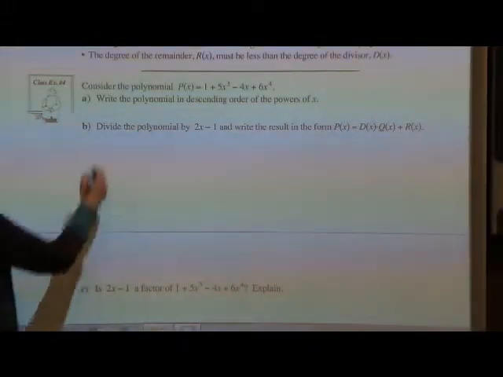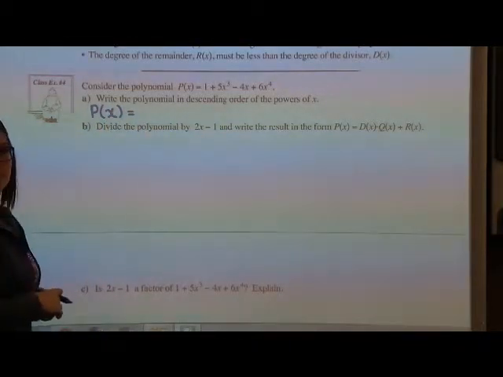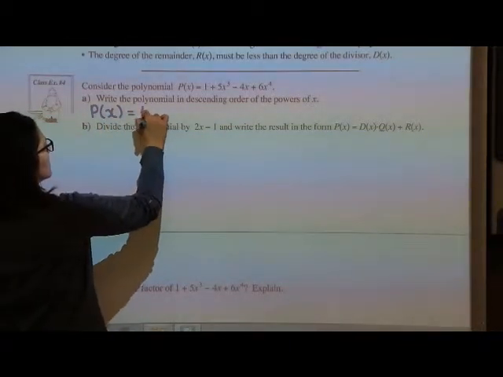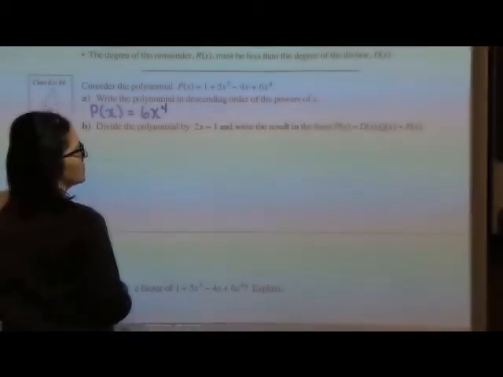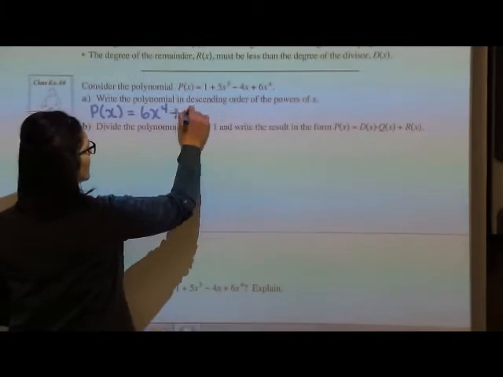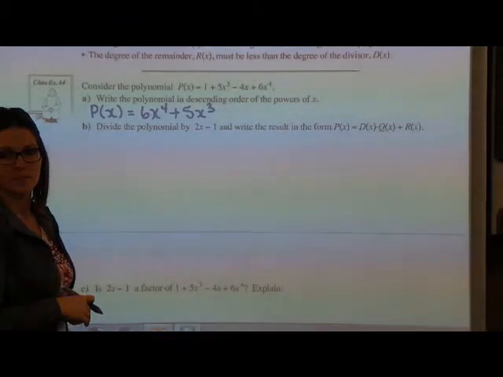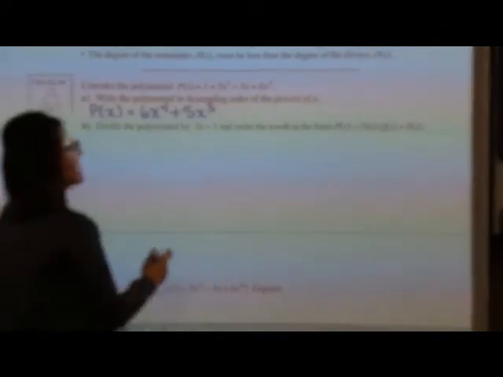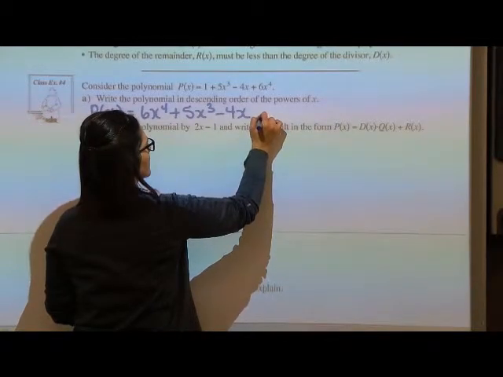So in descending order, what would be my first term? 6x to the power 4, followed by 5x to the power 3, and after 5x cubed, do we put the 0x squared in now or after? No, after. Okay, then it'd be negative 4x, followed by plus 1.